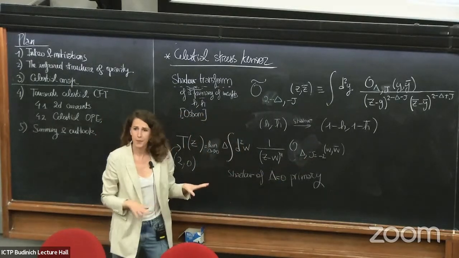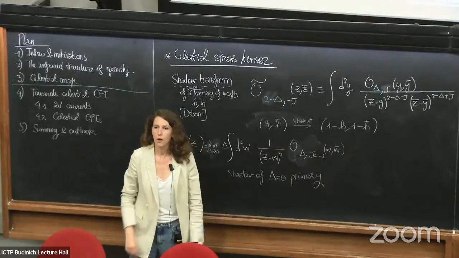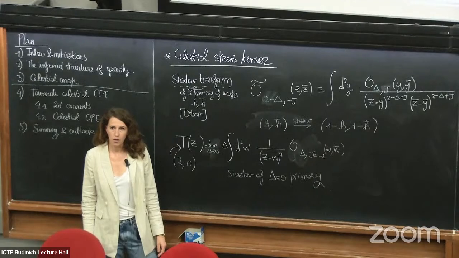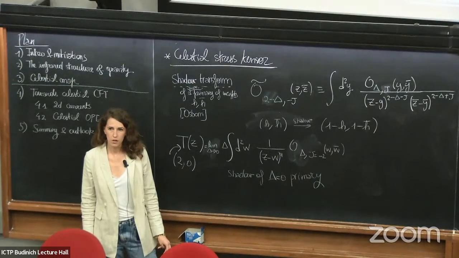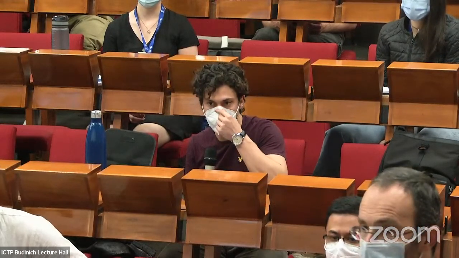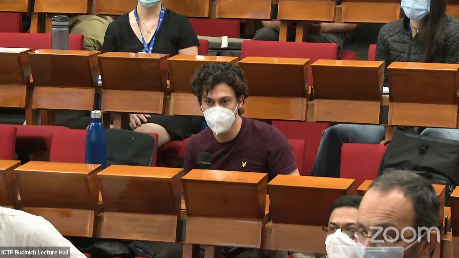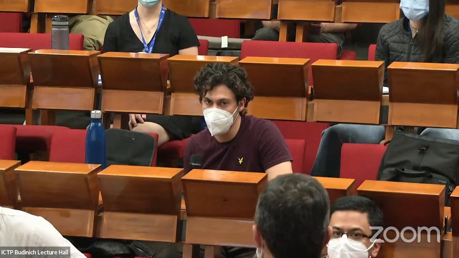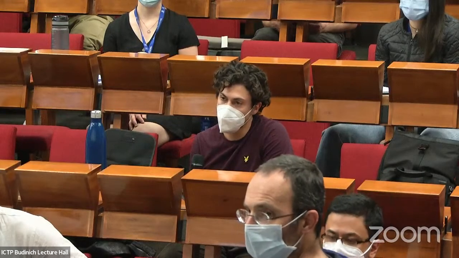Okay, but suppose you have more than one operator with delta equal to 0 and j equal to -2. How do you know how to generate T, the stress energy tensor? You mean if I have degeneracy, let's say? Yes.